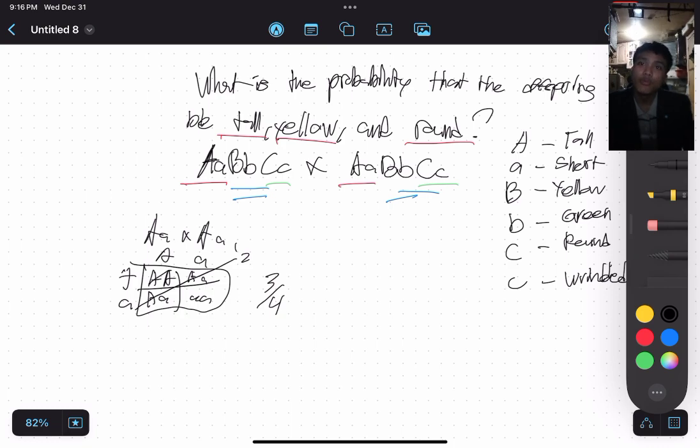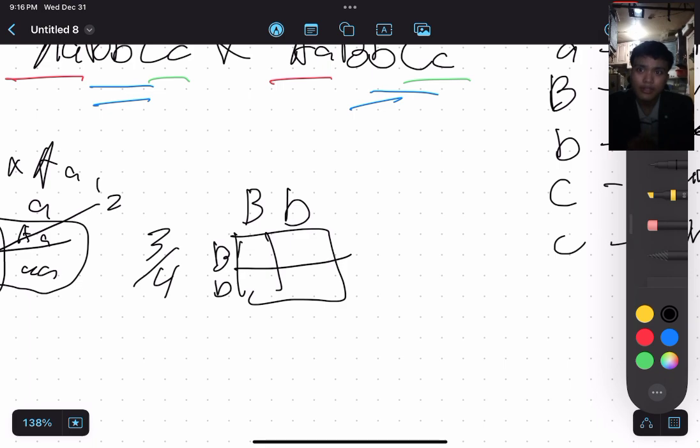Then just do the same for the heterozygous B and heterozygous C, and it's probably the same answer because it's all heterozygous.